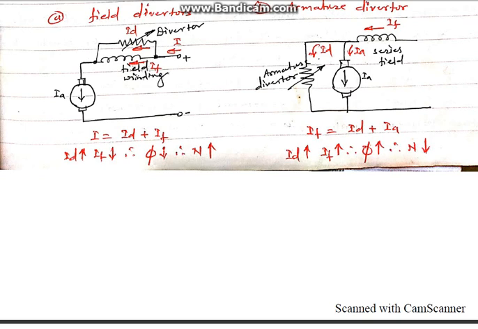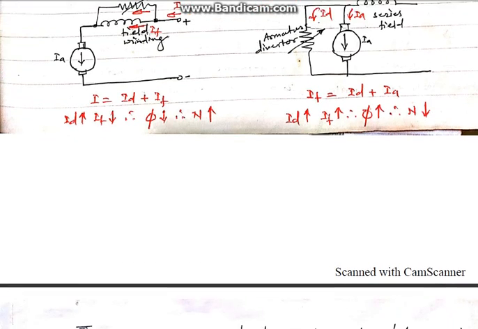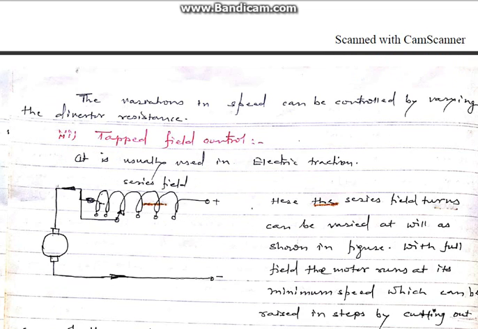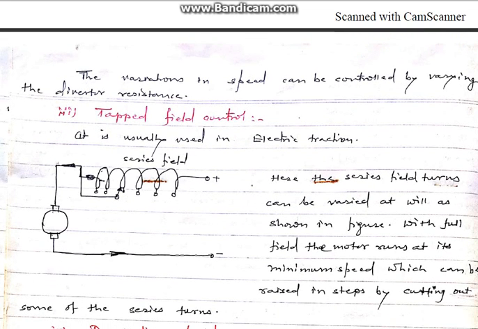So field current is more, flux will be more, and flux being more means speed will be less. In this fashion, one can control the speed by connecting different types of diverters, across the field winding and armature winding, and by varying the resistance one can change the speed of the DC series motor.